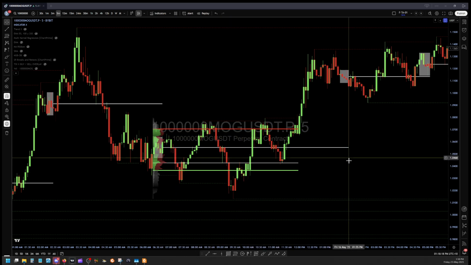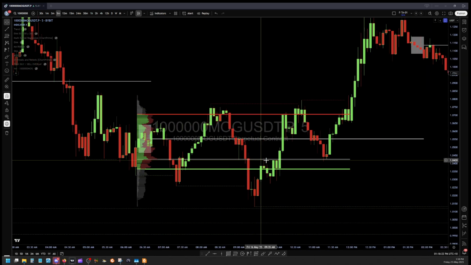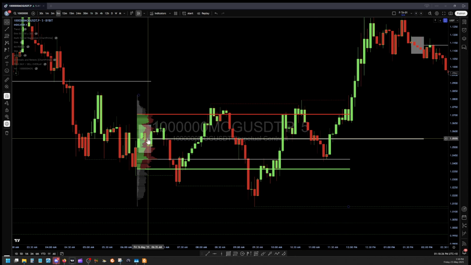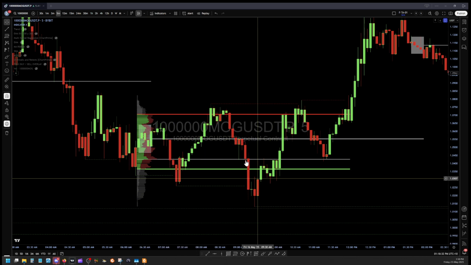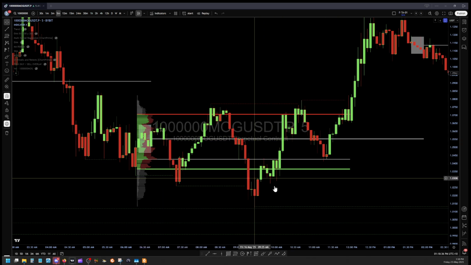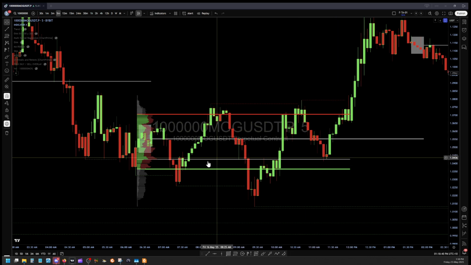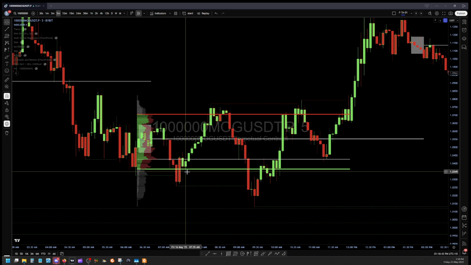But check this out. You see your point of control down here, but the value line is like in the middle. I see this so much when I pull these fixed range volume profiles where there is a value line, and it helps me decide if I want to trade that little range.